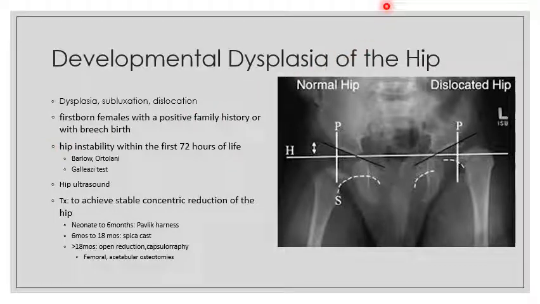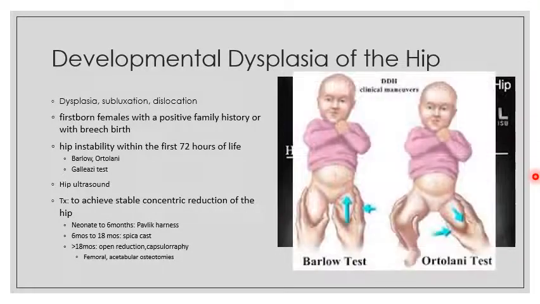So basically, we need to do a Barlow and Ortolani test. The Barlow test basically is to dislocate the dislocatable hip, or click of exit. Then Ortolani, basically you try to reduce a dislocated hip by elevation and abduction of the flexed femur, or click of entry.